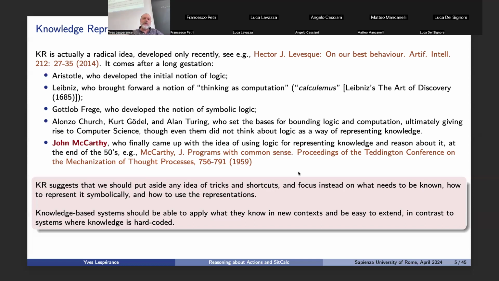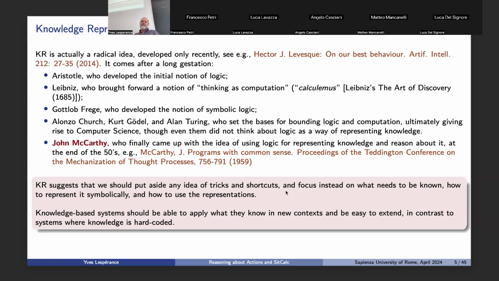So what can we observe about this idea of knowledge representation as a knowledge-based system? We should focus on identifying what needs to be known by the agent to behave in a smart way, represent it using some formal language as sentences, and then do reasoning to use the knowledge that we've put in.